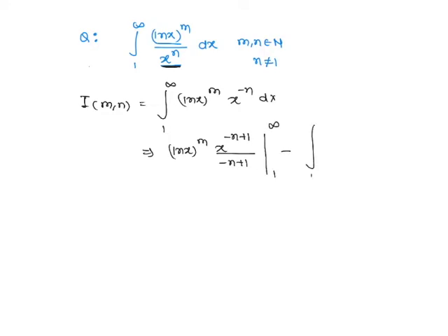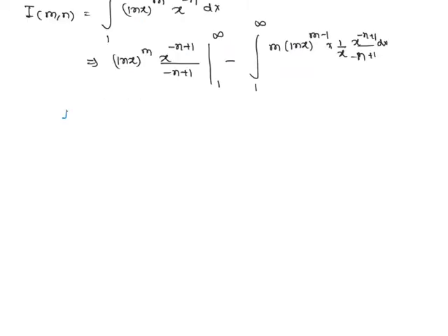Now minus the integral from 1 to infinity of the differentiation of ln x power m, which is m into ln x power m minus 1 into the differentiation of ln x, which is 1 by x, and this is x power minus n plus 1 divided by minus n plus 1 into dx.